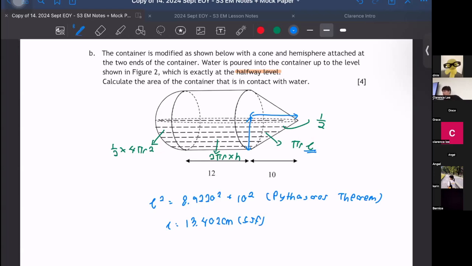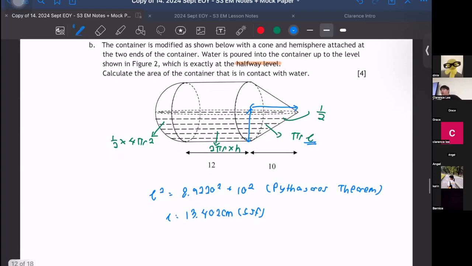Okay, that's for L. Then afterwards, the rest of the things we already know, because we know our radius is 8.9220. So you want to find the area of the container that is in contact with the water, which is exactly half, right? So if you know the total surface area, how do I find the answer? Divided by 2. So therefore, area will just be half of everything. So what's everything? My hemisphere. How to find hemisphere? Half times 4 pi r squared, whereby r is 8.9220 squared.